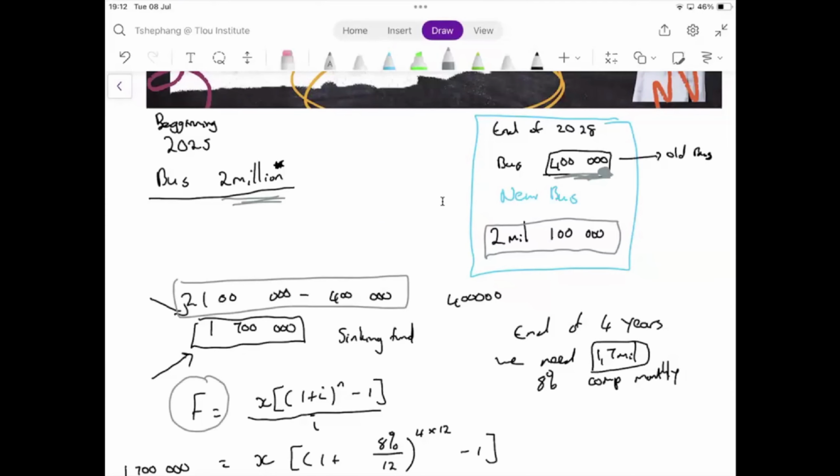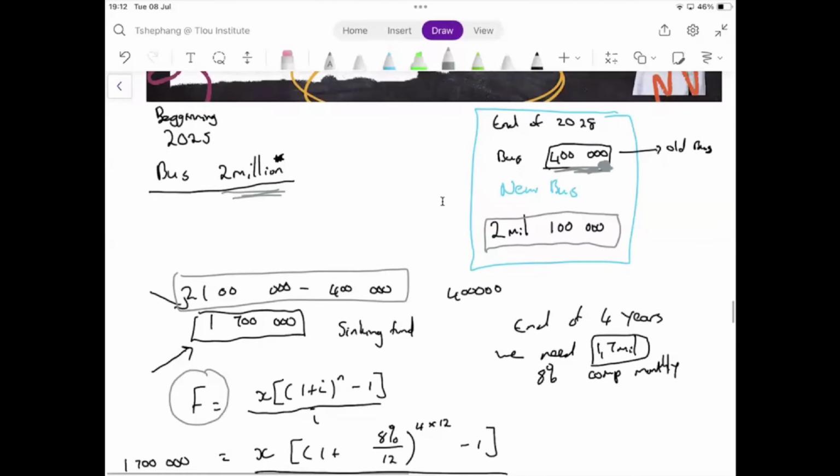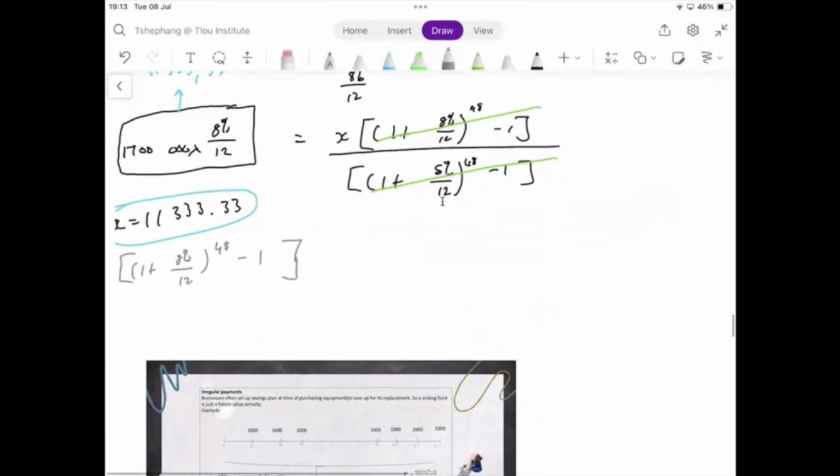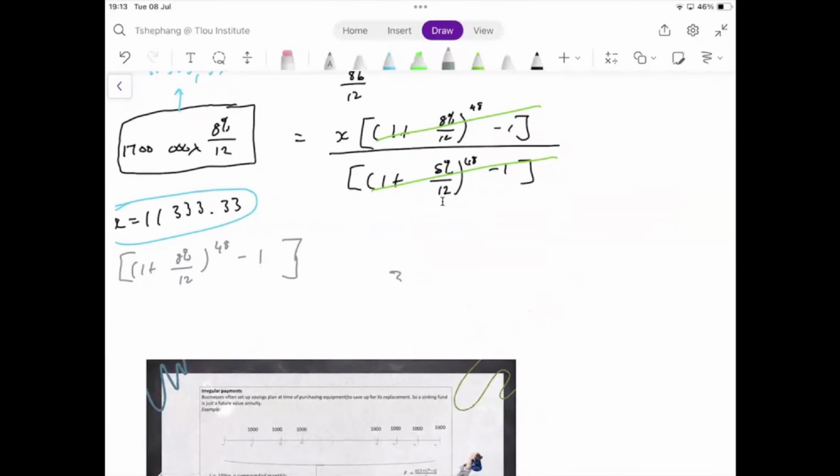And how much do we need to put in the account every single month for us to reach 1,700,000? And that's what we've been calculating. We want to know what X is. We found that amount to be 30,168.63. That's what we've been trying to do.